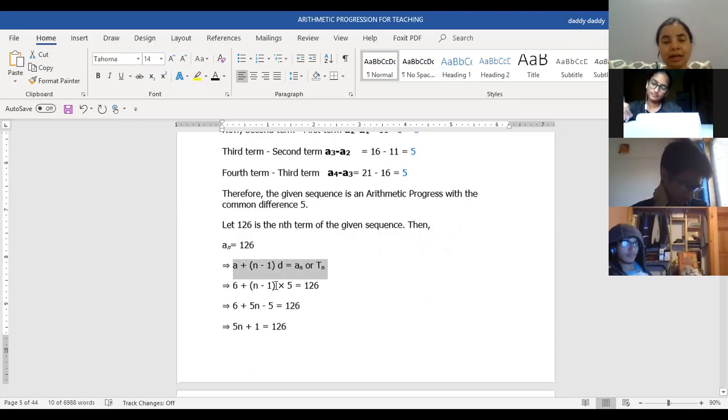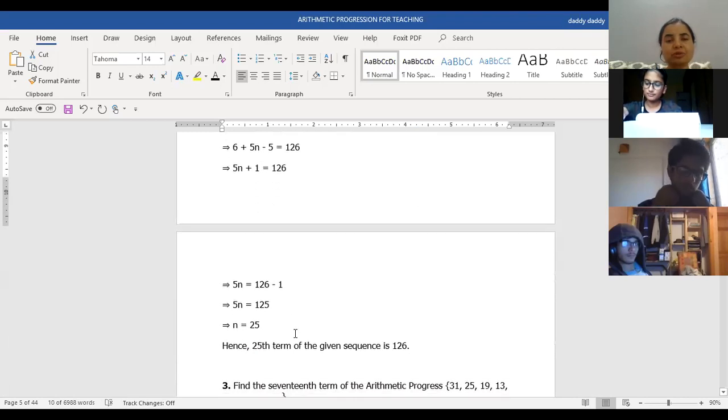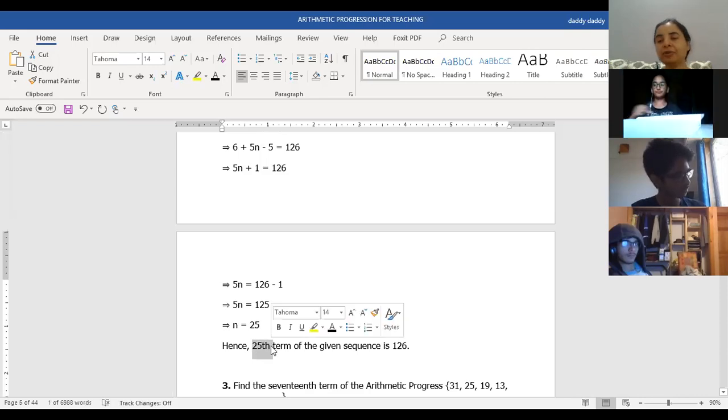After opening the bracket, this 5 will get multiplied with both of them, so it will become 5n minus 5. 6 minus 5 is plus 1. So 5n plus 1 is equal to 126. And after that, you will transpose. 5n is equal to 126 minus 1. So n is equal to 25. That means 126 is sitting at the 25th position in the sequence.